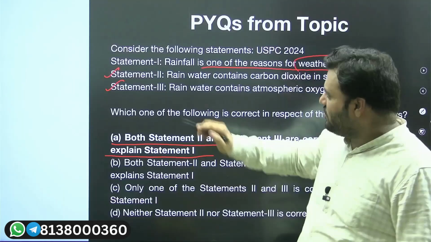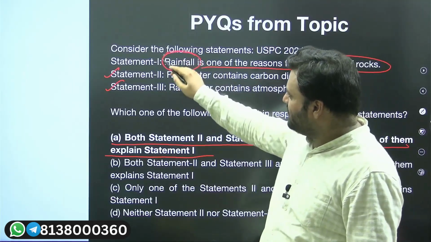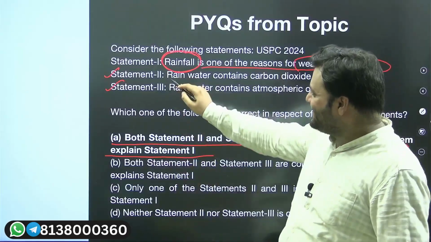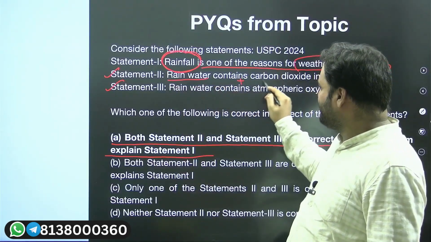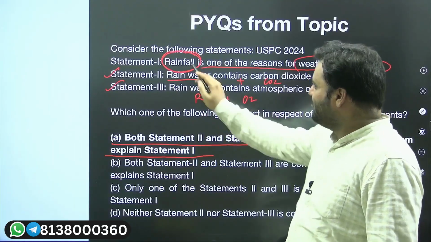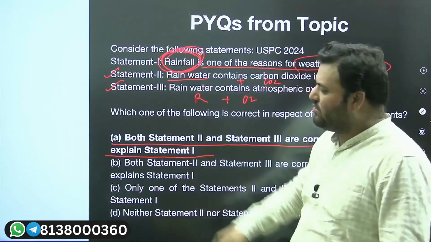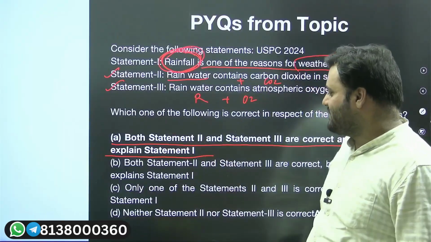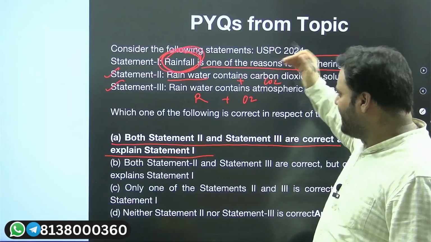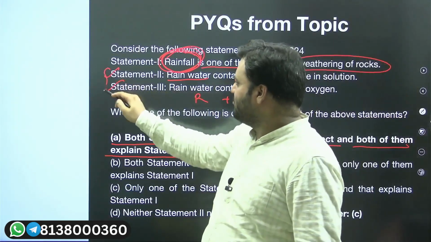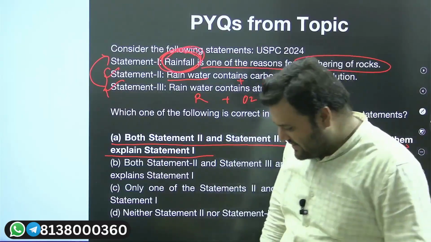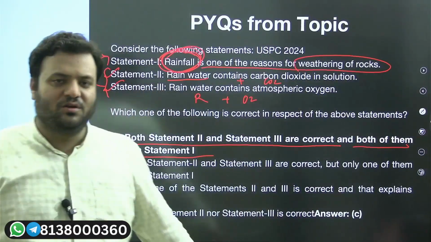It is not mentioning whether rainfall is pure or has some sort of addition. Now, these statements are saying rainwater plus CO2, rainwater plus O2. So the common thing is rainwater. That's how both statements 2 and 3 are correct, and they explain statement 1. So this would be the correct answer of this particular question.